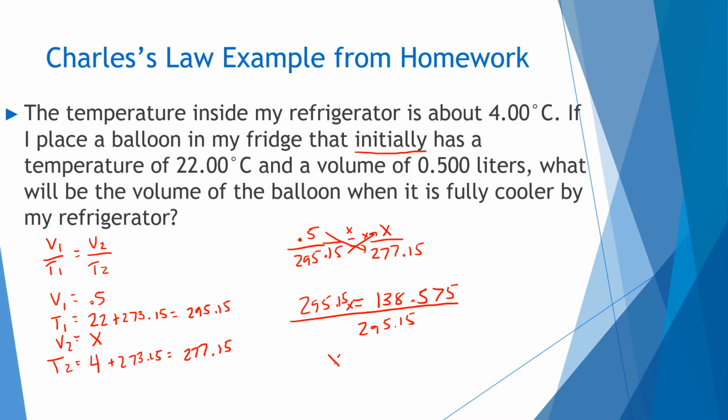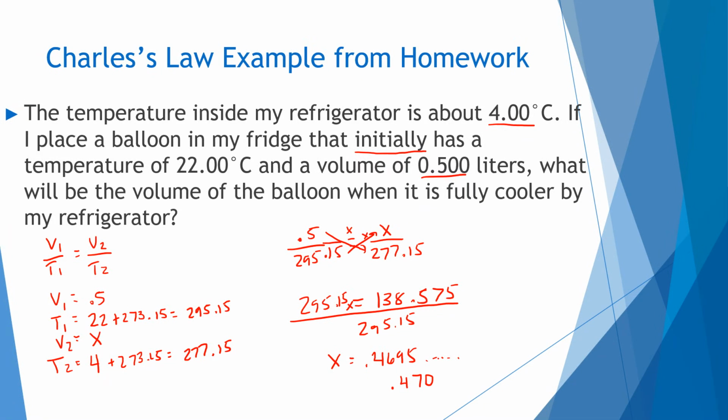And then when we do that, x ends up coming to be about 0.4695 with other numbers. Again, we must round to the correct number of sig figs. If we look at the problem, our lowest number is 3 based on this value and this value. So we're going to round to 0.470.